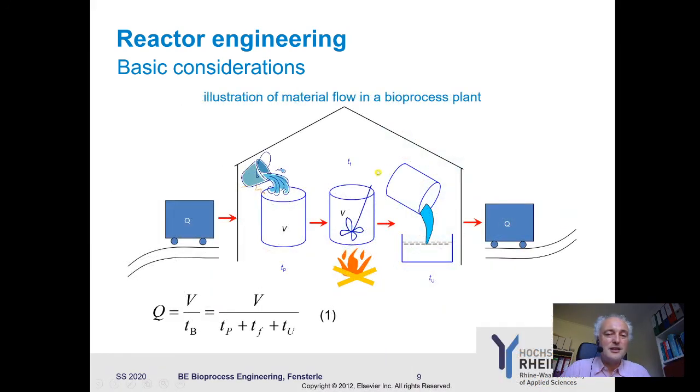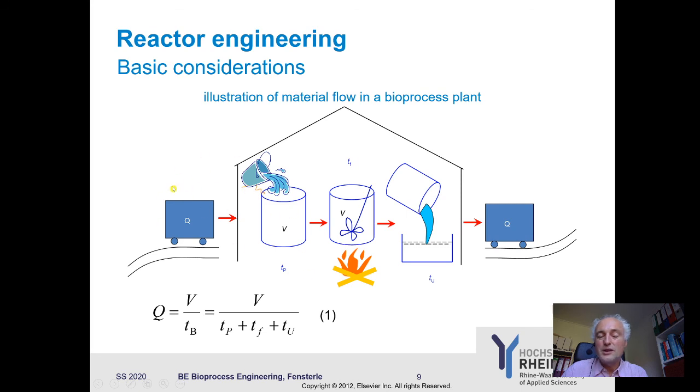This is just the material flow in a bioprocess plant. This is also important. In a bioprocess plant, it's not just your bioreactor. You have logistics of delivery, you have media preparation, you have your fermentation, you have your downstream processing, and of course you also have outbound logistics, and all together this determines your material flow.